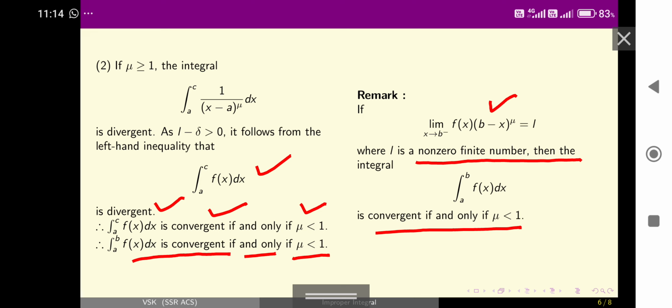That is, if b is the point of infinite discontinuity, this limit can be used in this case.